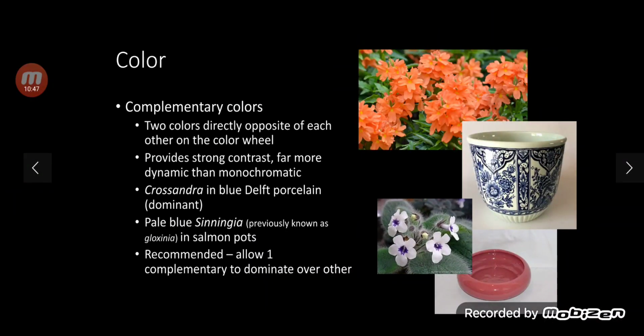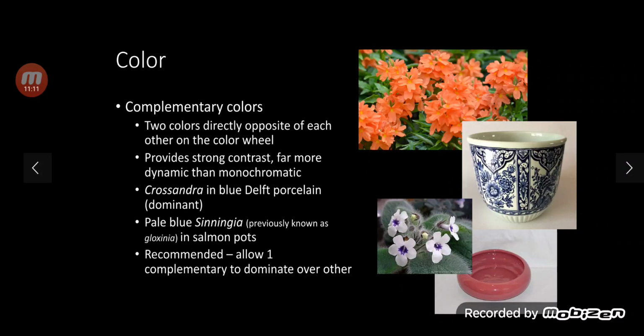Right here. Color continued. Complementary colors. Two colors directly opposite of each other on the color wheel provide strong contrast, more dynamic than monochromatic. Crossandra in the blue Duff porcelain dominant.